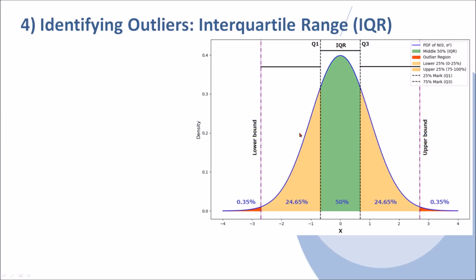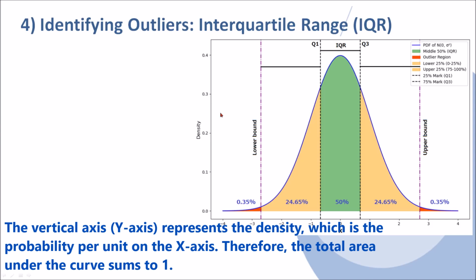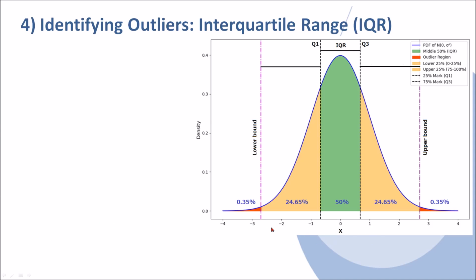In the probability density function, the horizontal axis, namely the x-axis, represents the normalized feature values. For example, this capital X is the value of the normalized feature. Then the vertical axis represents the density, which is the probability per unit on the x-axis. Therefore, the total area under the curve sums to 1, ensuring that the distribution is valid.